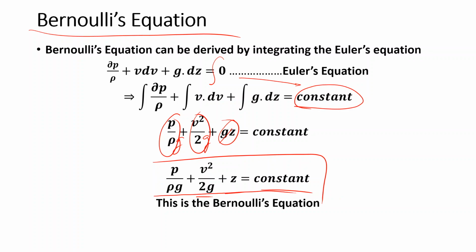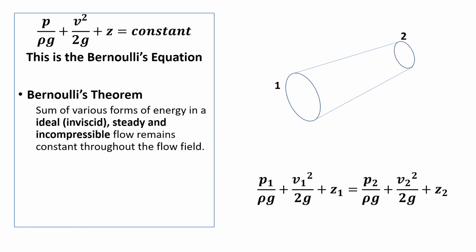Now let's try to understand what this equation means. It can be stated in sentence form as the sum of various forms of energy in an ideal, that is inviscid, steady and incompressible flow.